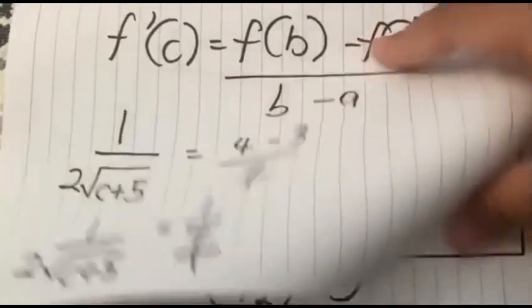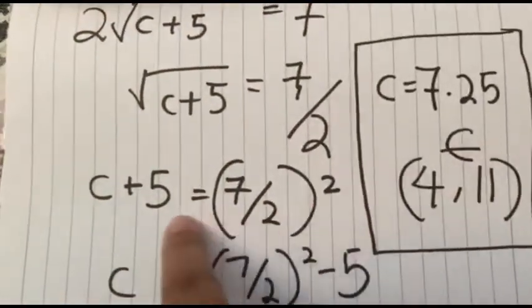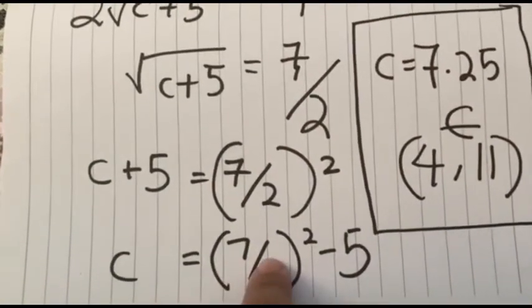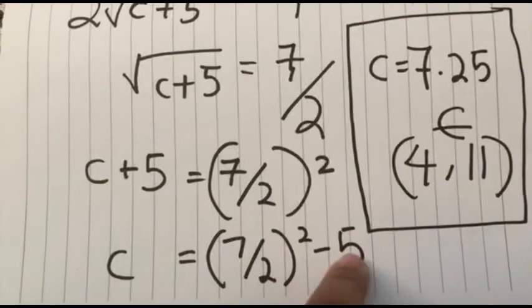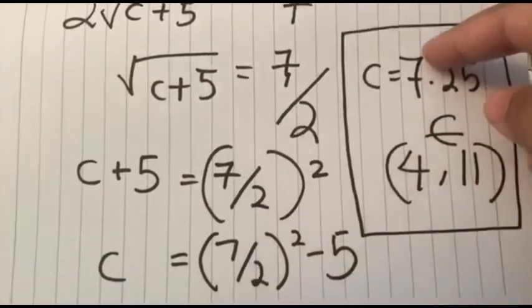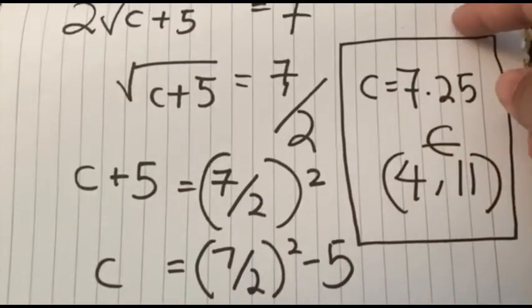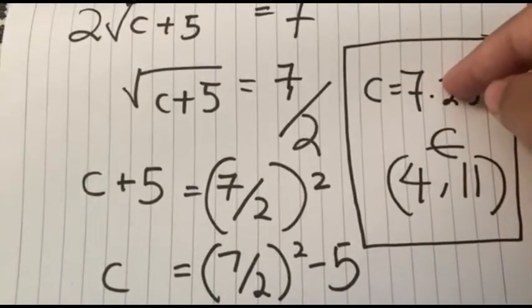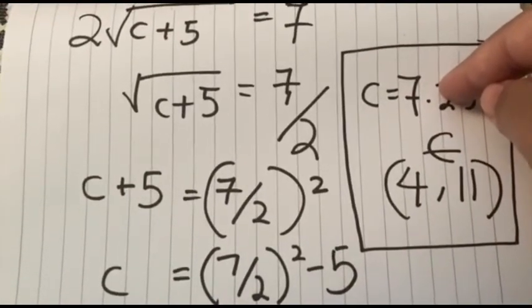After all the calculation, we should get c = (7/2)² − 5, and the last answer will be c = 7.25, which is an element of the open interval of 4 to 11. So that's it.